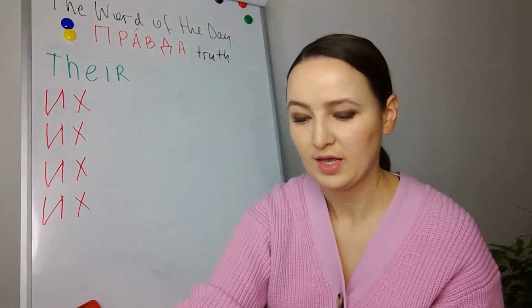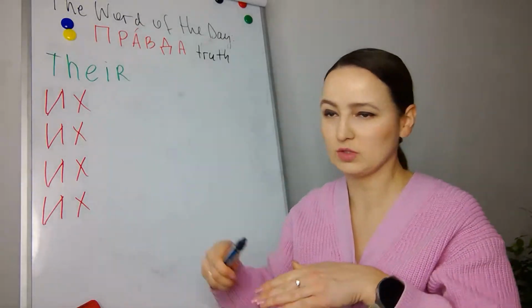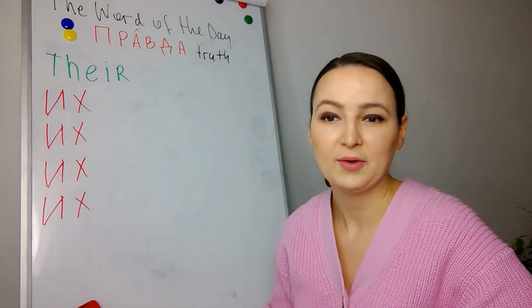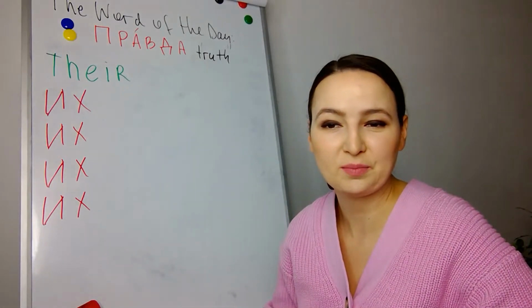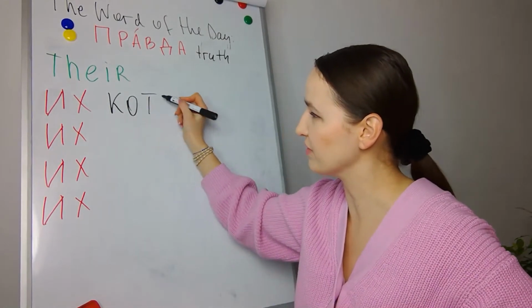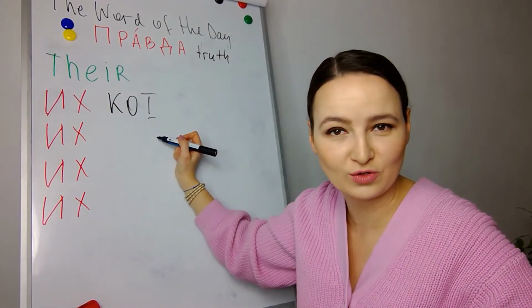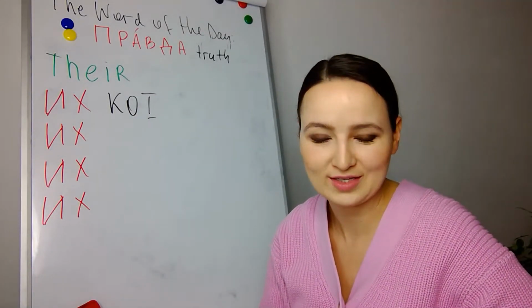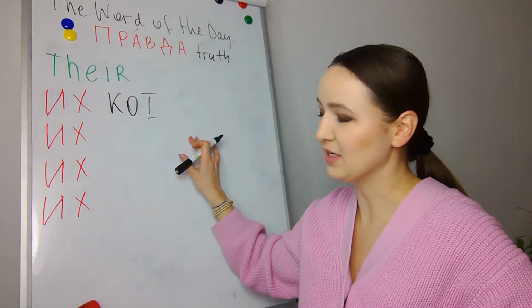And let's come up with some nouns. For example, их and a noun in masculine. Let's begin with кот. Кот obviously is masculine because it ends in a consonant. Их кот, their cat. And a noun in feminine.